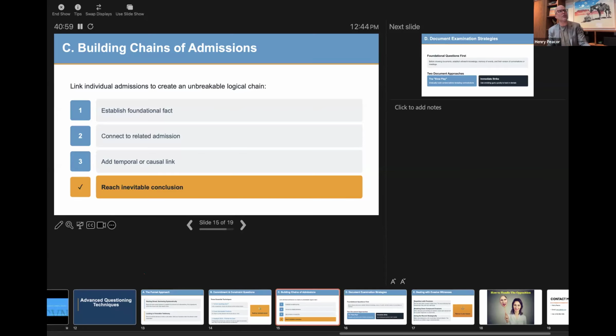What I'll do is go through that and talk about the fact that everyone has a pre-existing condition. Everyone has some level of degeneration from the moment we're born. We start degenerating, we start dying, right? This process of dying, that's my foundational fact. Then I'm going to connect it to the jury instructions and admissions.